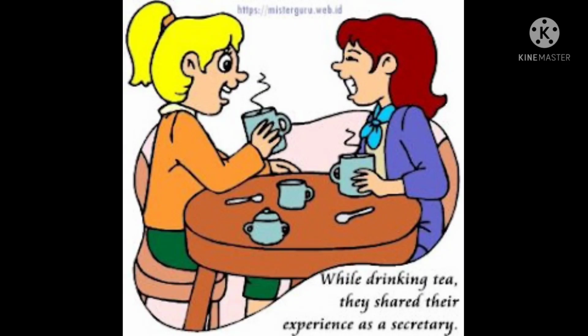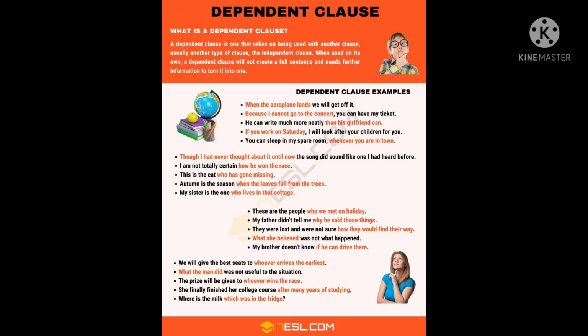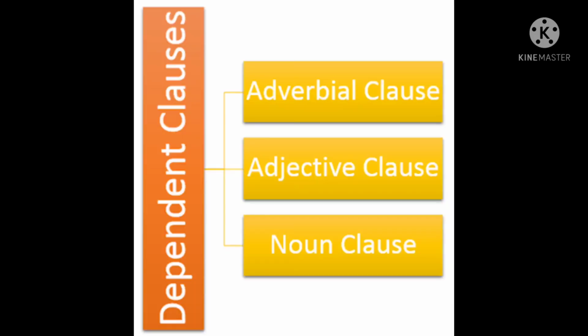In these sentences, as, because, although, so, if are the linkers, subordinates in the dependent clause, and these will be added to the independent clause to get the complete sense in the statement. The dependent clauses are further categorized as noun clause, adjective clause, adverb clause.